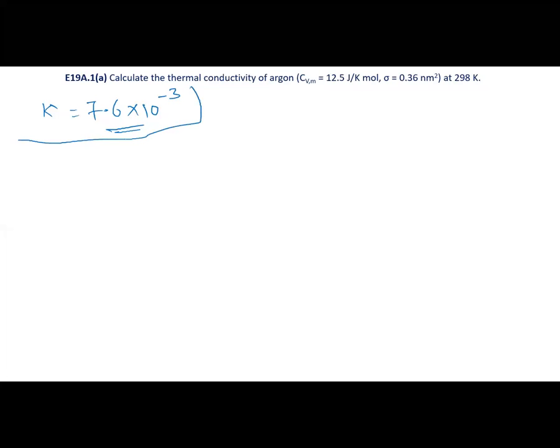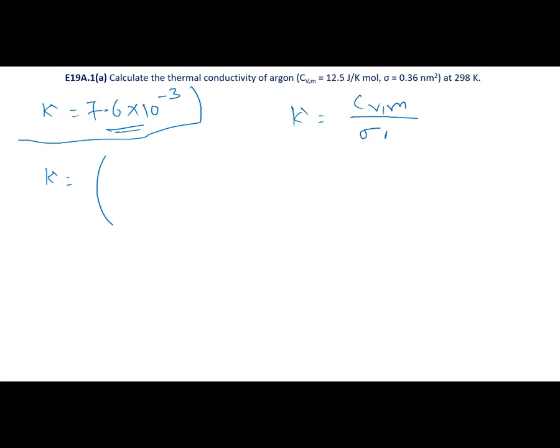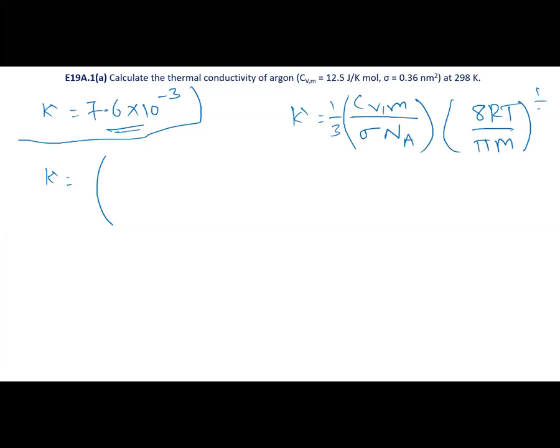Let's look at them. Let me rewrite the kappa equation to avoid any confusion. Kappa is equal to CVM over sigma Na, times 1 over 3, times 8RT over pi m to the power half.